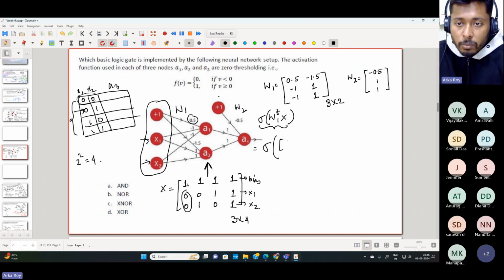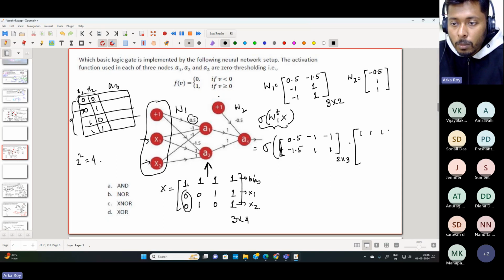After transpose, it will look like 0.5, -1, -1, then -1.5, 1, 1. Now you can see that it is of shape 2 cross 3, and then you multiply it with 1 1 1 1 0 0 0 1 1 0 1 1.